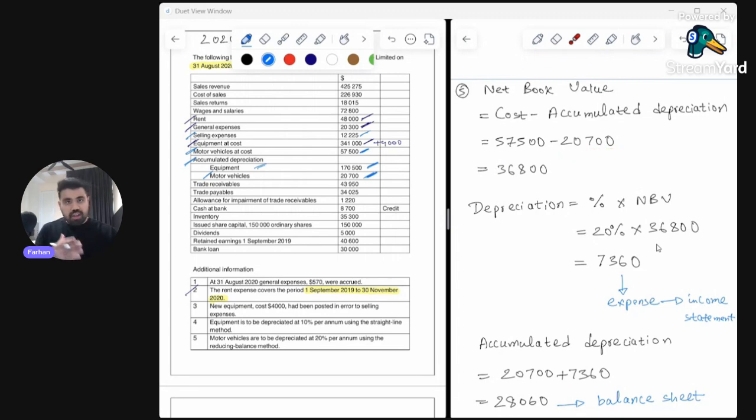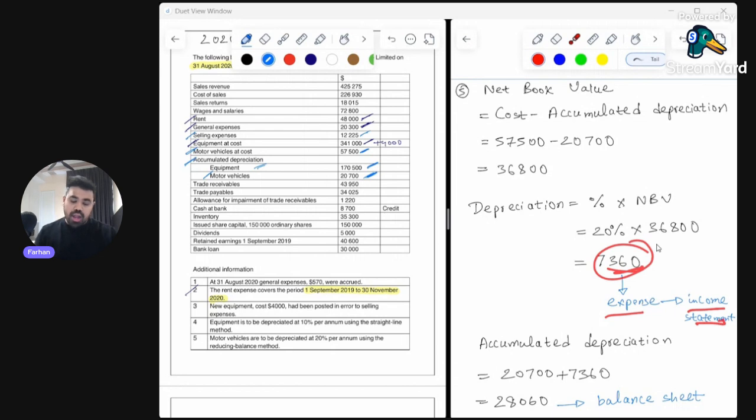Now that we have the net book value, we can simply find the depreciation using the reducing balance method by multiplying the given percentage with the net book value. The question clearly states the given percentage is 20, and the net book value based on our calculations is $36,800, which gives us a depreciation of $7,360 for motor vehicles. And obviously, this is an expense which we will report in the income statement.